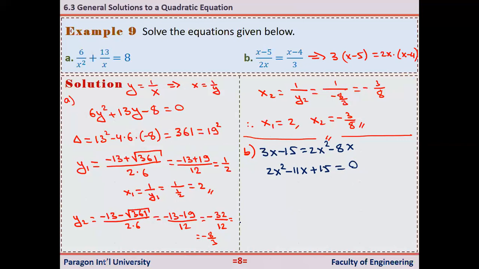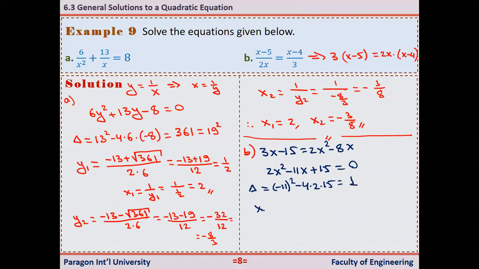Right. So first we need to determine the discriminant. That's b squared, 11 squared, minus 4 times a, it is 2, c, it is 15, which is equal to 121 minus 120, right? That's equal to 1. So this discriminant equals 1.